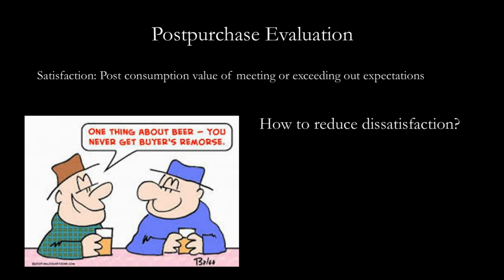So, what can retailers do to reduce dissatisfaction? First, build realistic customer expectations so they never let shoppers down. Are retailers trying to build realistic expectations when you walk into Walmart? What type of service expectations do you have?